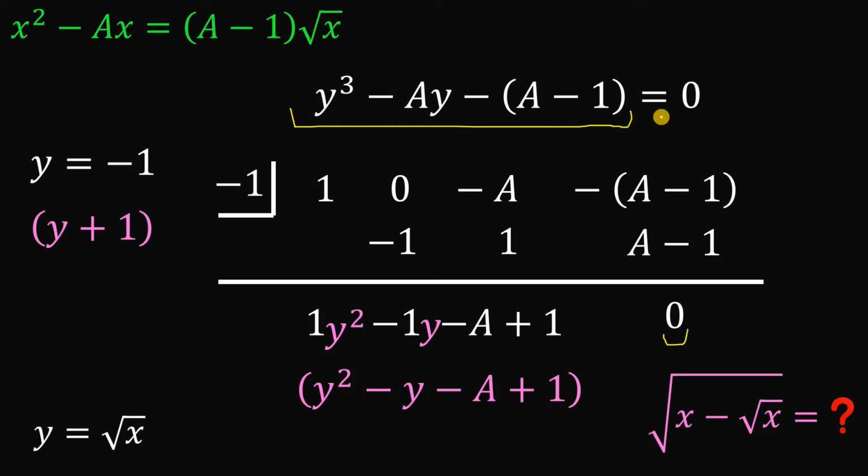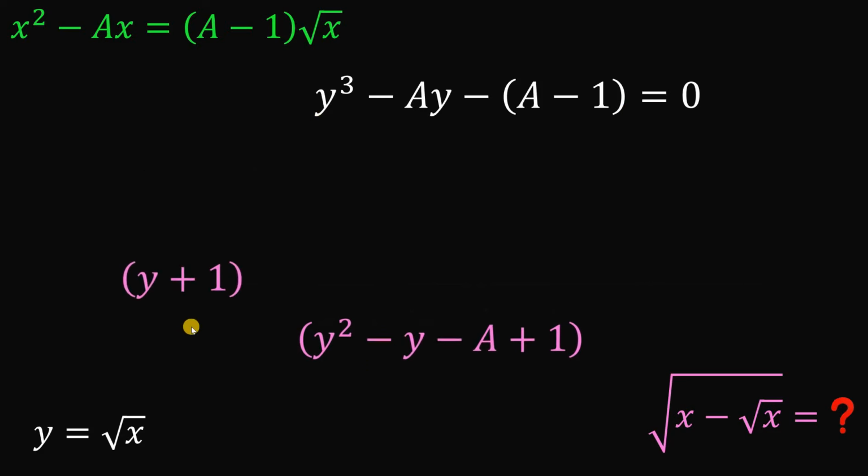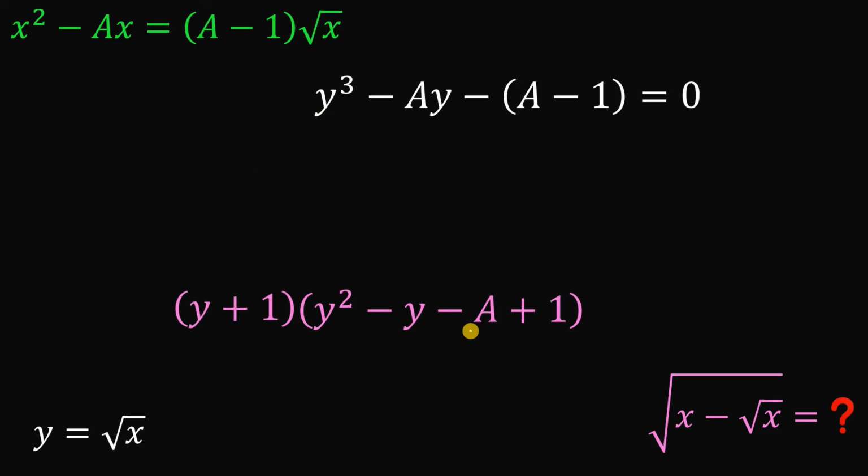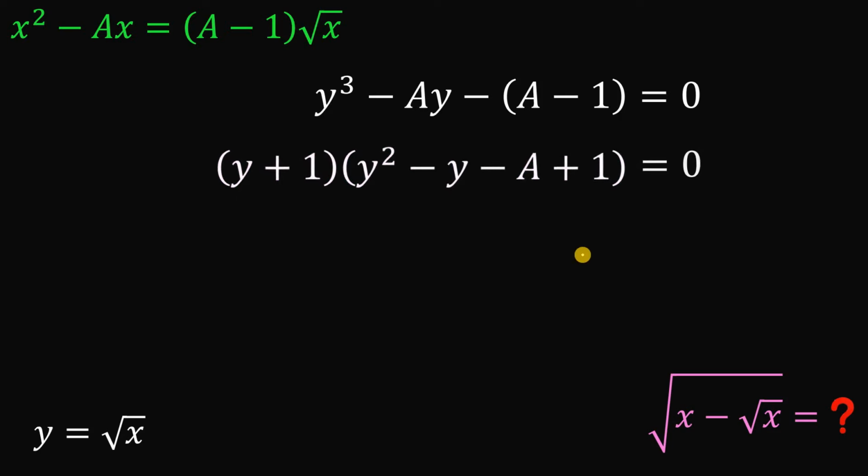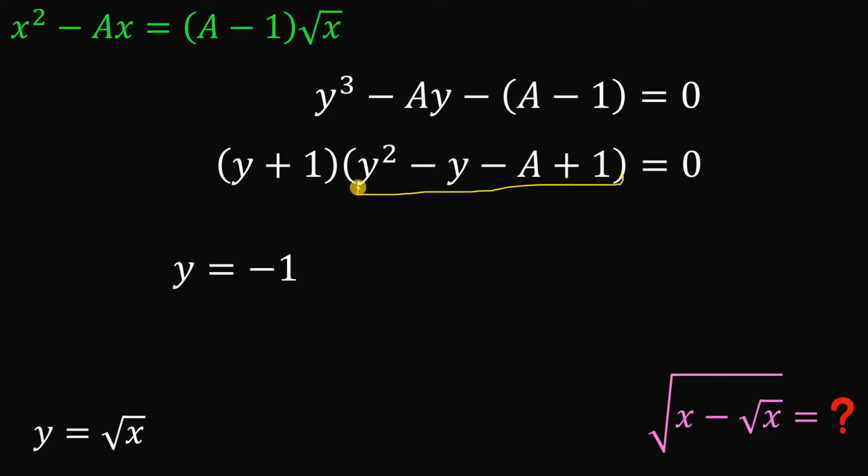So now, we can factor this cubic equation nicely as y plus 1 multiplied by y squared minus y minus a plus 1 equals 0. And using the zero product property, we can say that y equals negative 1. And also, if we equate this to 0, we can say that y squared minus y equals a minus 1.